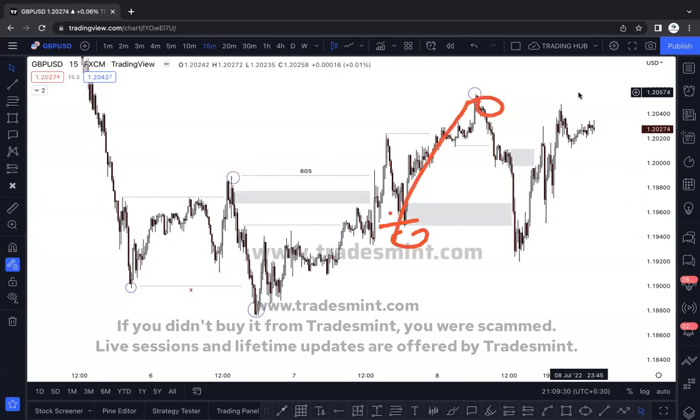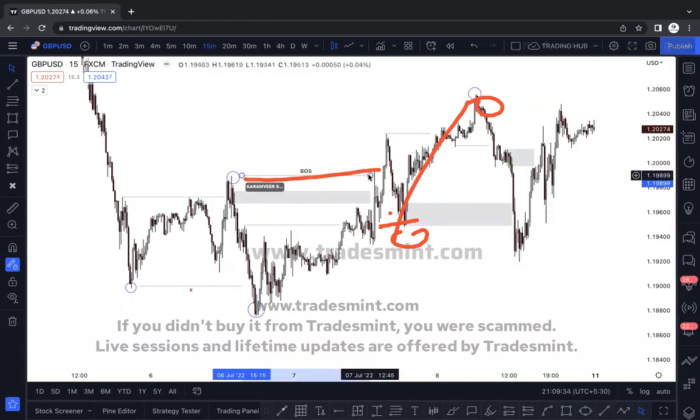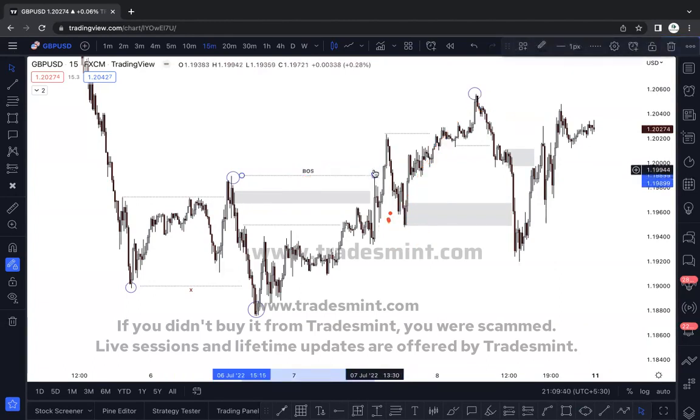Actually, okay, look at here. Market did not close above it. Market must close above it. Then after he breaks the minor structure. Yeah, this is an inducement for this move. This one.